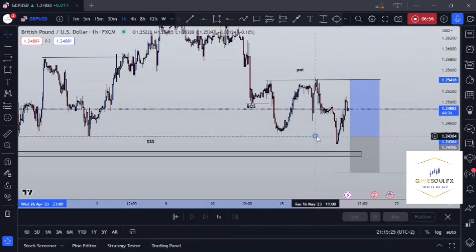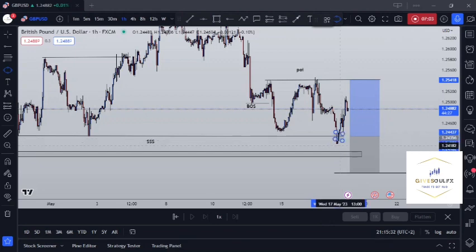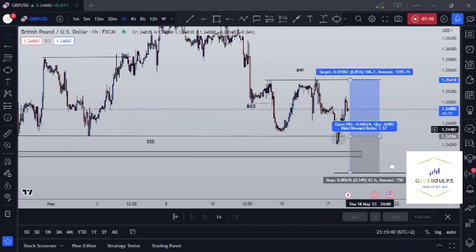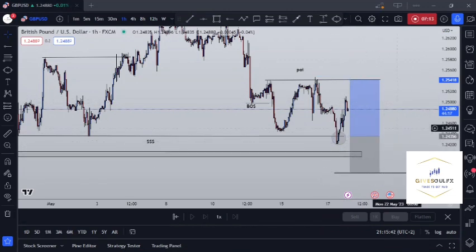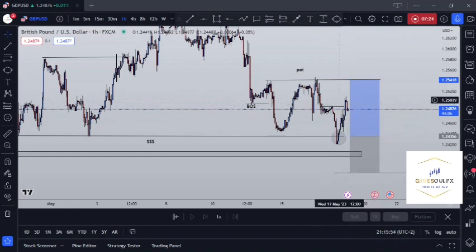Price reversing below my lower lows here, resulting in a fake out being formed here, attempting to sell, grabbing the liquidity before moving in our direction here. Then moving in our direction there, price breaks out of structure, price breaks out of structure. Then look at this low here, price breaks out of structure.